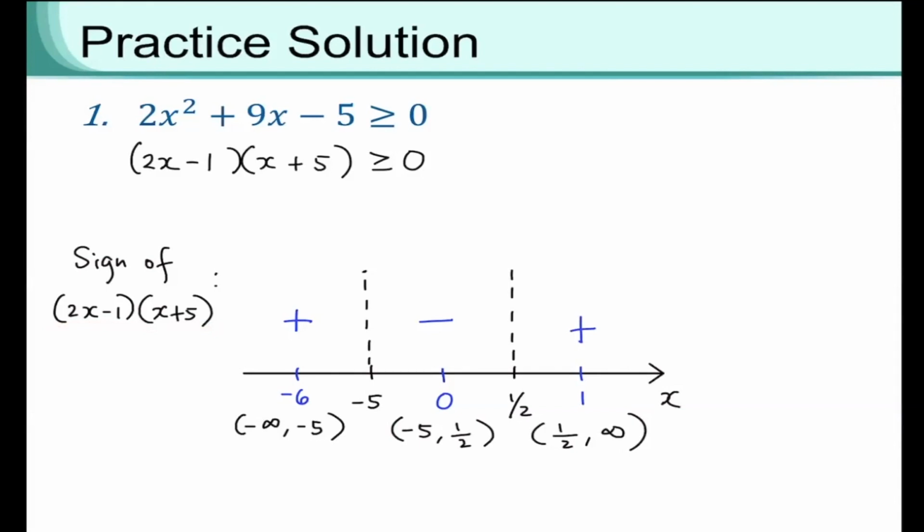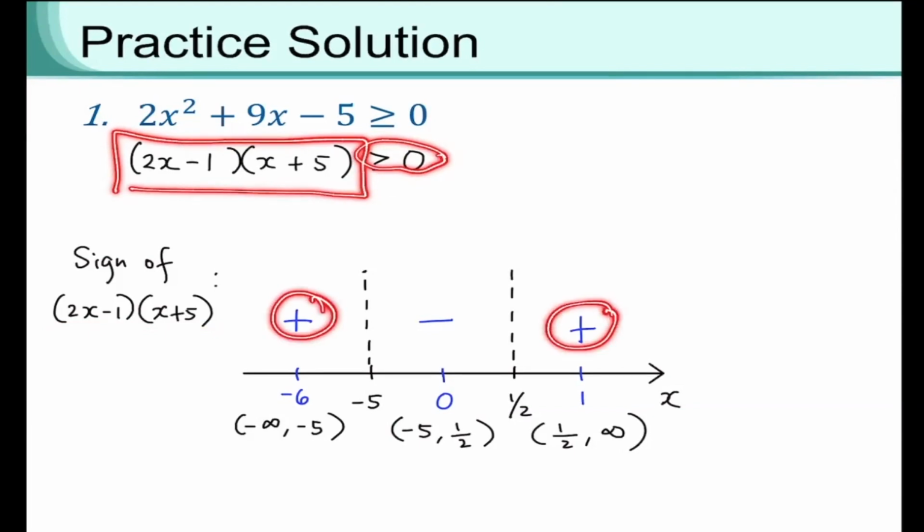Since this inequality includes the equality sign, now let's find the solutions to this inequality. We're looking for x values that will make this greater than or equal to 0. Greater than 0 means it's positive, or it is equal to 0.